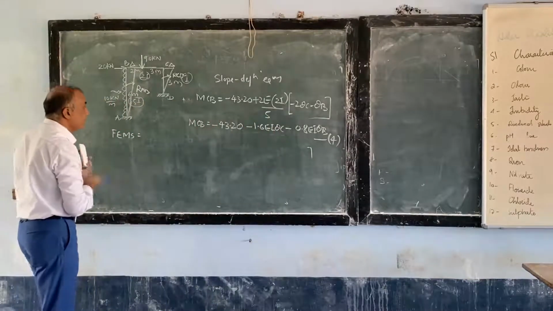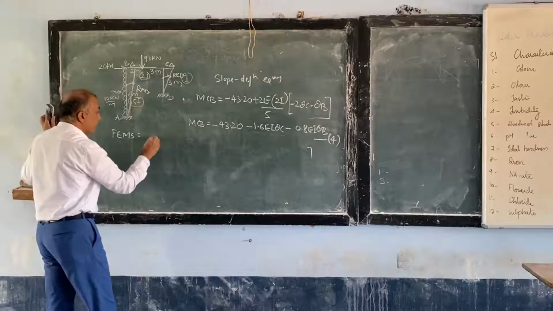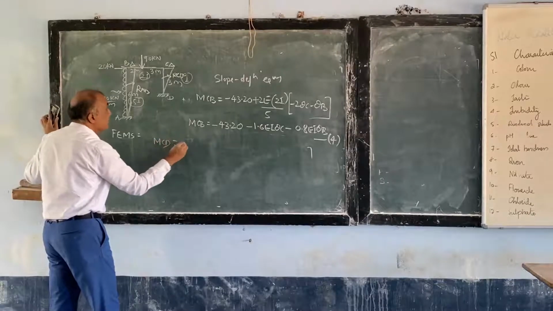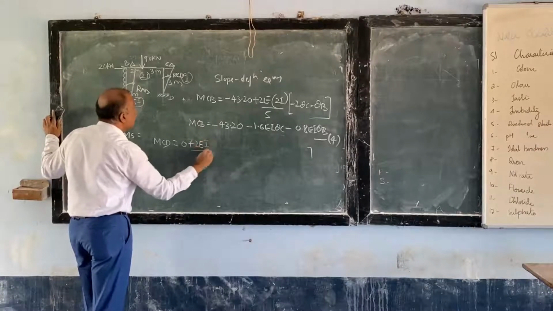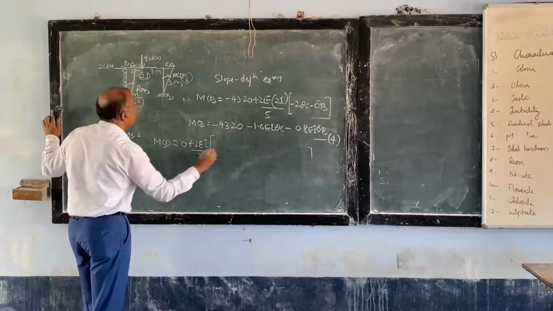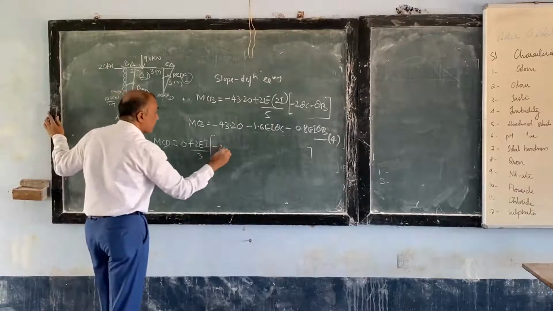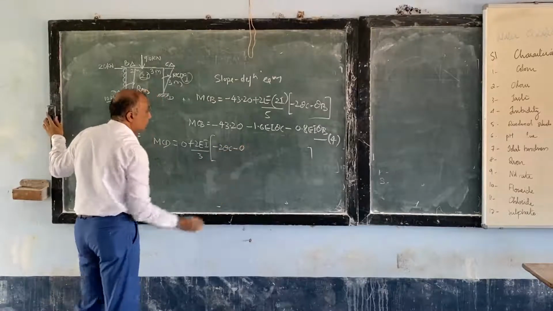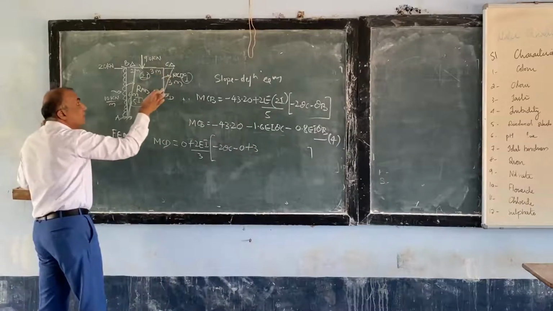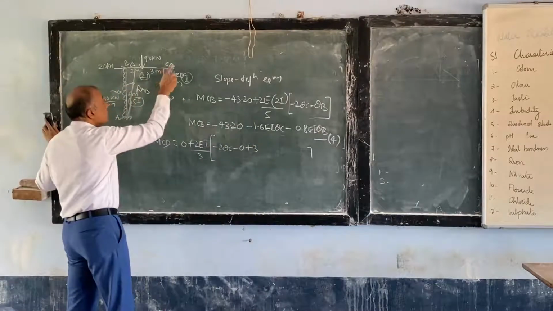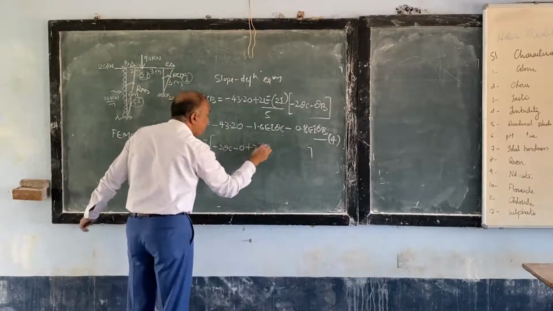The 2 equations are MCD and MDC. So MCD, MFCD is 0 plus 2E, I is I, L is 3, into minus 2 theta C minus theta D (0), plus 3R, because again this is going to rotate. R of CD is how much? 3, R of CD is delta by 3, again positive because clockwise.